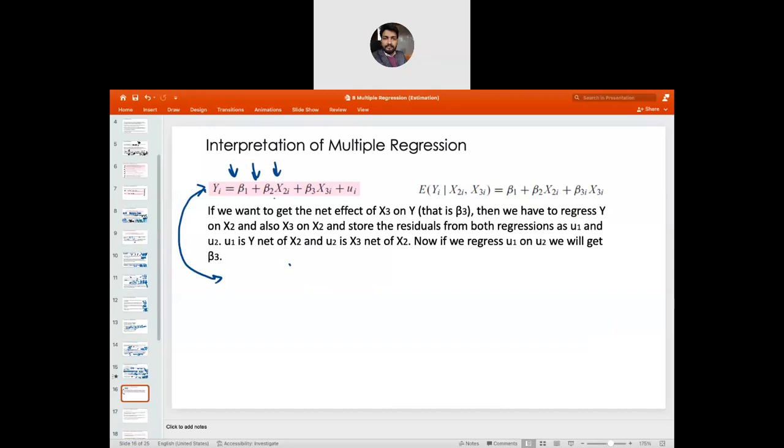In this regression, you want to get the effect of x3 on y, right? And you can measure it through beta 3. How to get it? So what you will do is, you will regress y on x2.